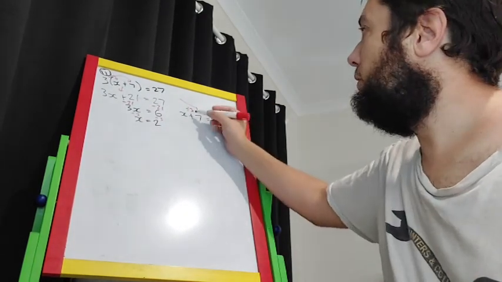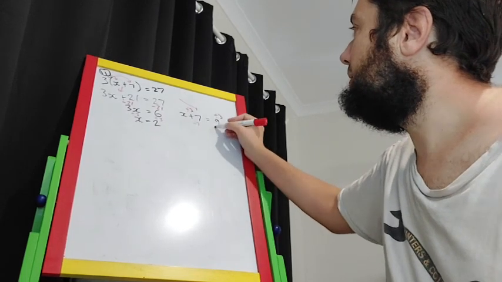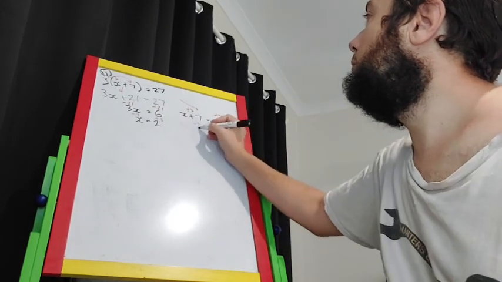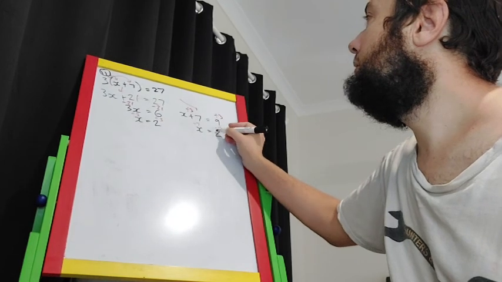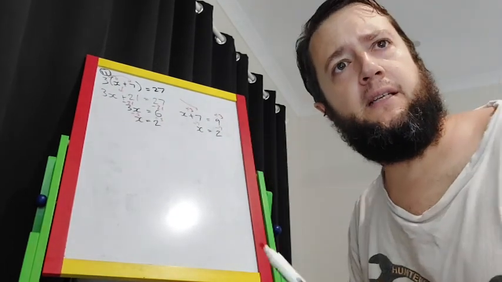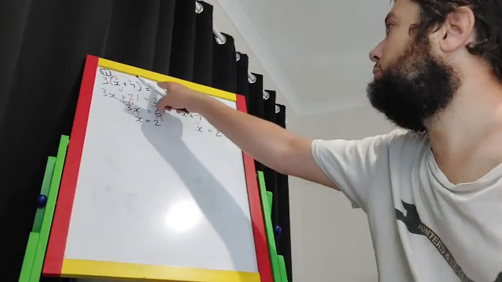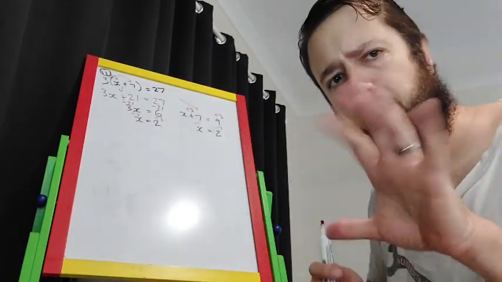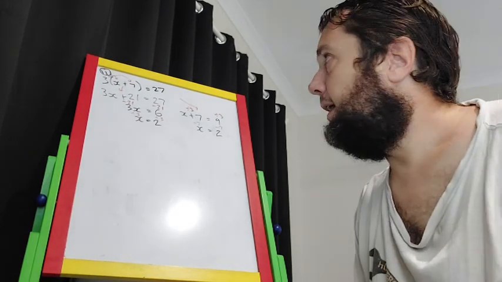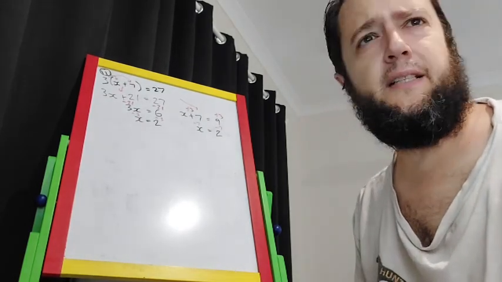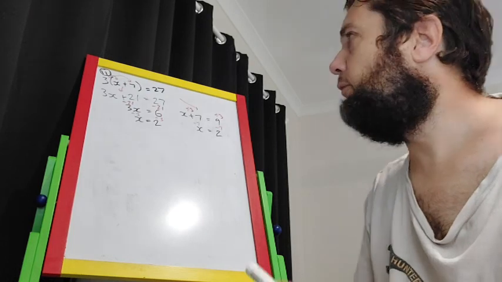Then the opposite of adding 7 is subtracting 7. Therefore, x is 2. Both of those ways will get you full marks in an exam, but just be careful because often people make terrible mistakes going this way. You've got to be mathematically valid. So that's 2 ways of dealing with that one.